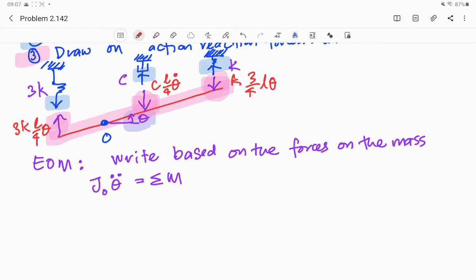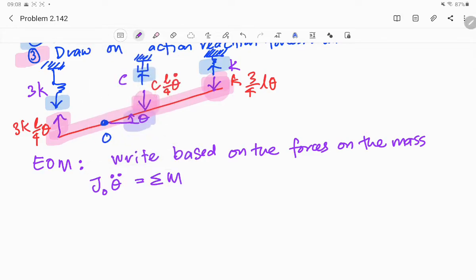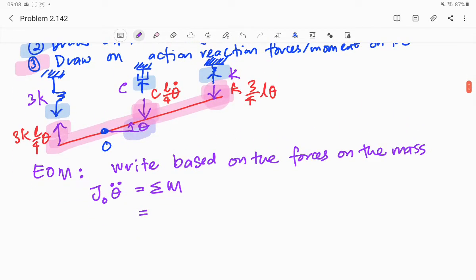Notice that all the forces are linear, from linear springs and a linear damper. It's not a rotational damper or rotational spring. That's why we have to convert from x to theta. Then you have to write in terms of moment, so it has to be a summation of moment, and we assume counterclockwise is positive.